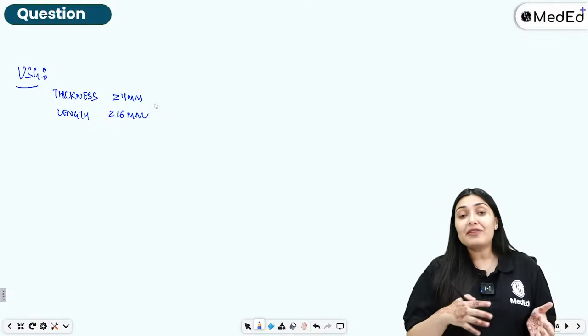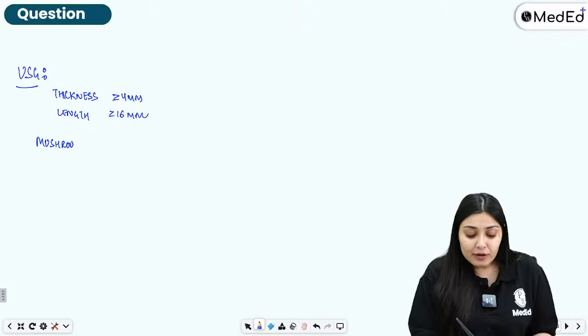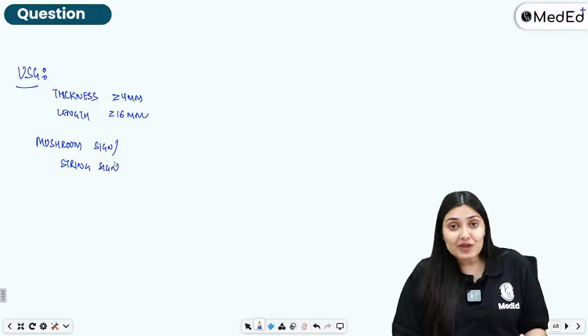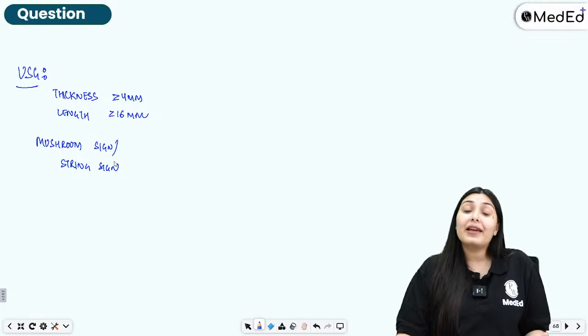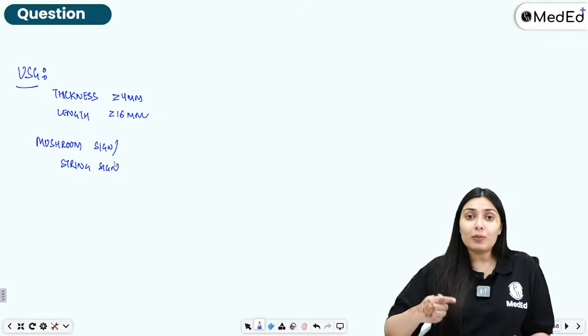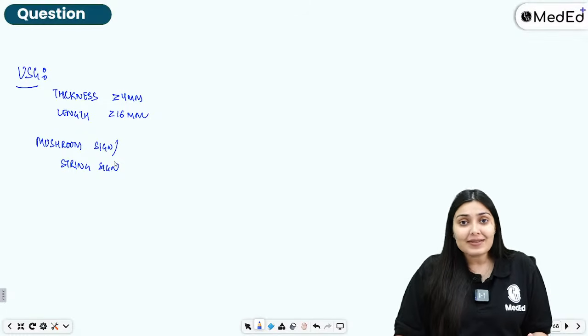And the sign that we see on barium swallow is the mushroom sign or string sign. The treatment is initially we have to manage the child, correct the dehydration, correct the electrolyte imbalances, and then take up for surgery. We do pyloromyotomy, that is also named Ramstedt pyloromyotomy. This you must have studied in surgery too.